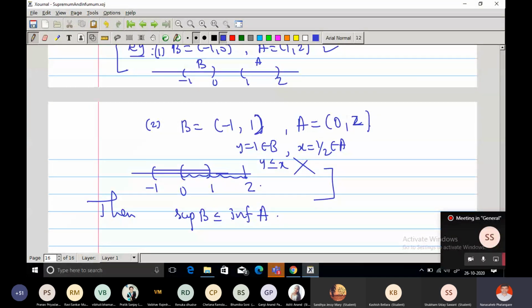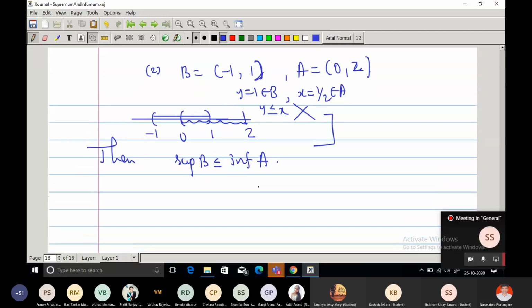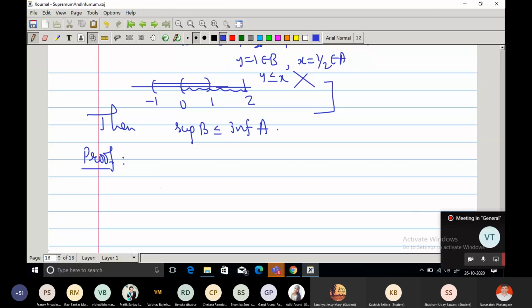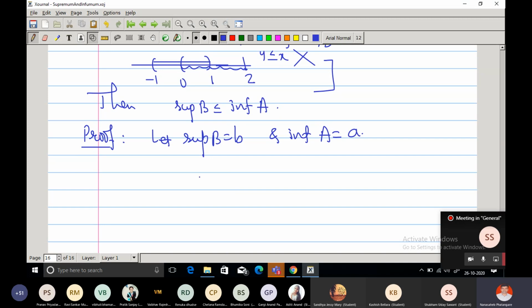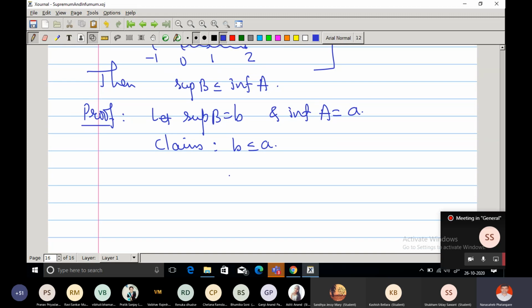And now the proof is really easy. How will you prove this? Let supremum of B be equal to b and infimum of A be equal to a, whatever it may be. Our claim is b is less than or equal to a.